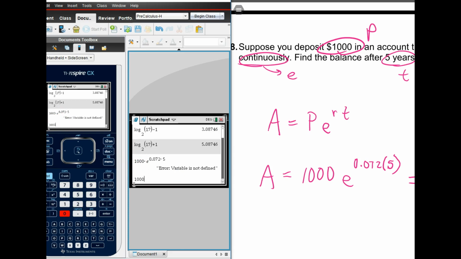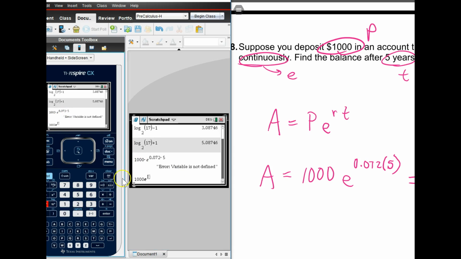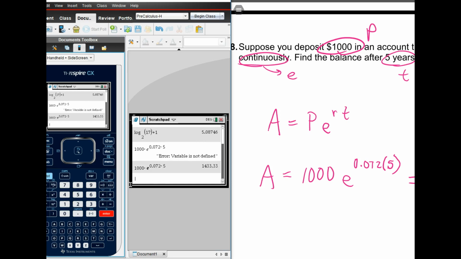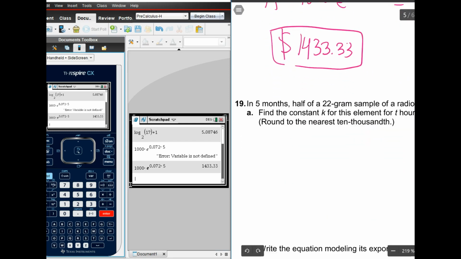Then I push the e to the x key. Oh, I see. I just typed e on my keyboard instead of pushing the key on the computer. 0.072 times 5. There. So I get that my balance would be $1,433.33. Awesome.